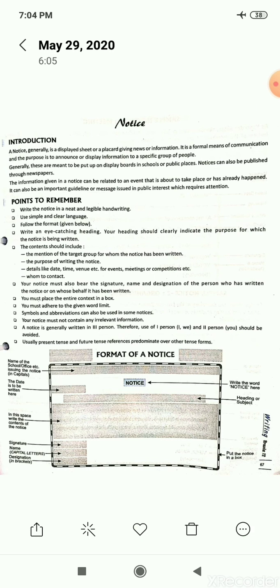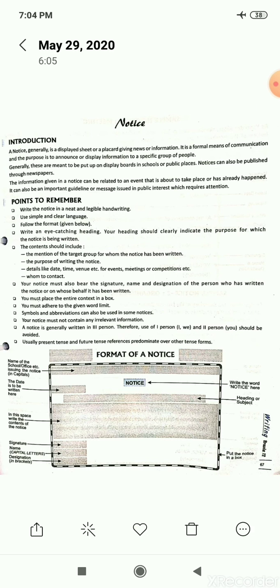Right. So the next point to remember is that the content of the notice should include the following. Right. So what are the things that are to be included? First one is you should mention the target group for whom the notice has been written.